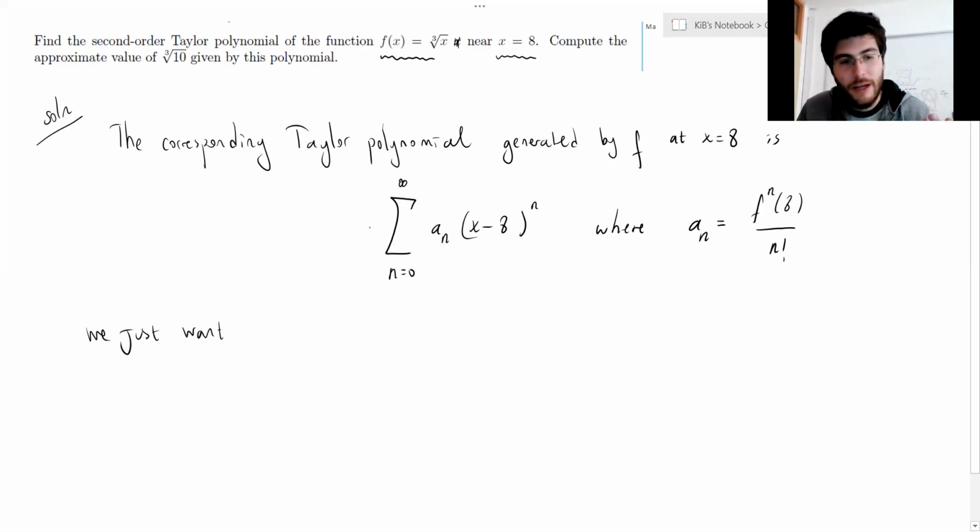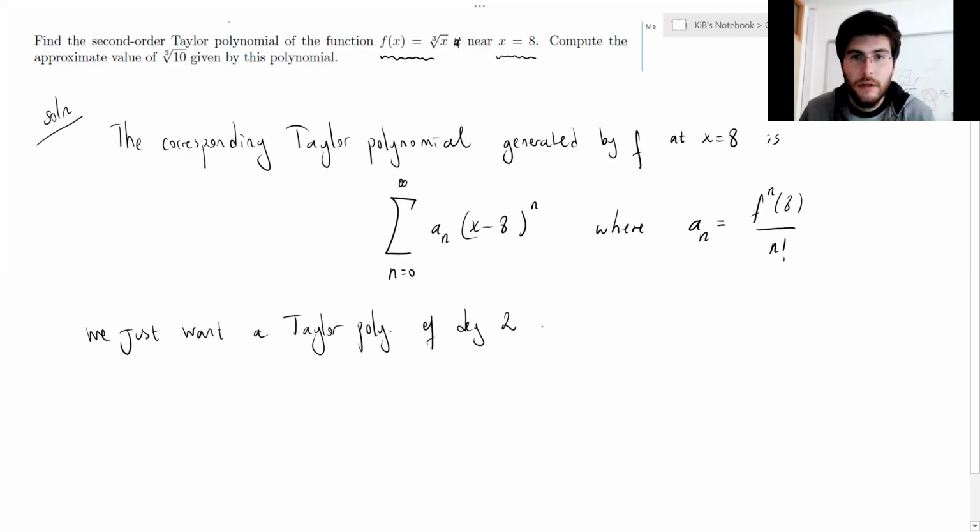Just consider polynomials of at most degree 2. So we want a Taylor polynomial of degree 2. Okay, so what does it mean? That is, we really want to compute the following polynomial.